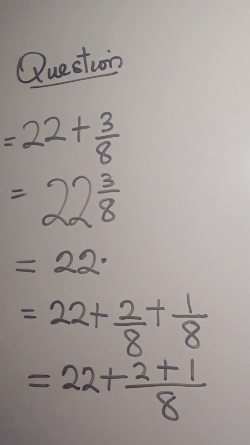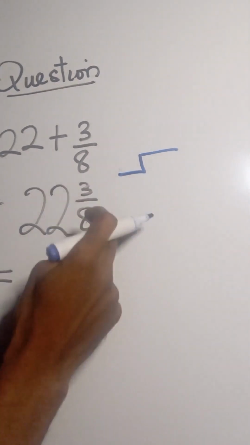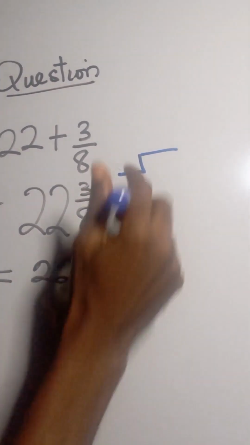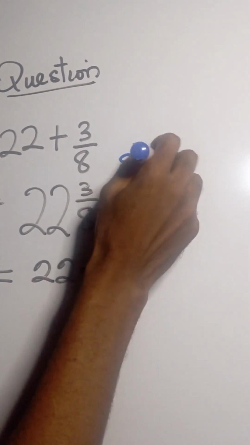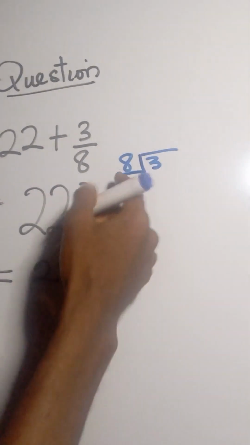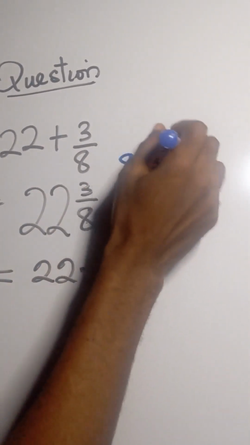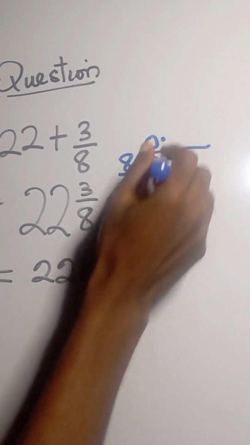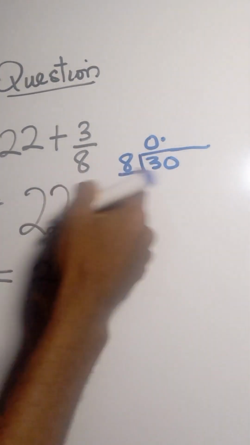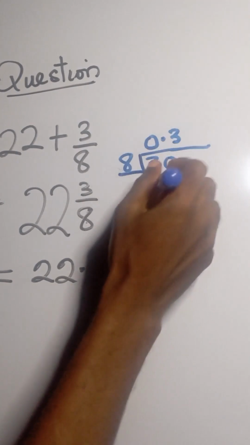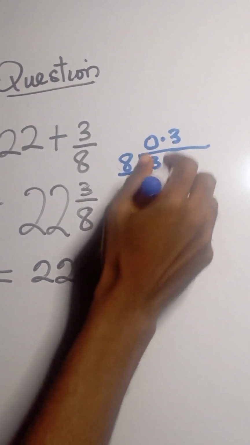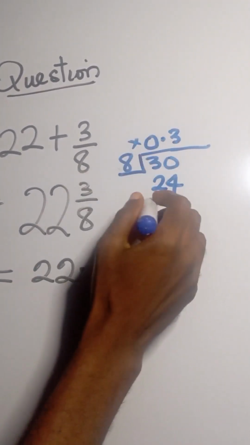Of course, we have to convert the fractional part to decimal. Converting our fractional part, I'm going to have 3 divided by 8. So we have 0 point. We have 30. 8 into 30 is 3 times, which gives us 24, because 3 times 8 is 24.